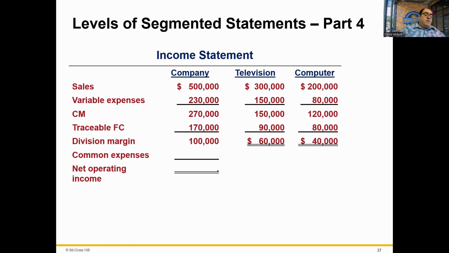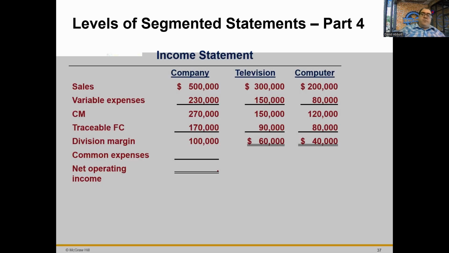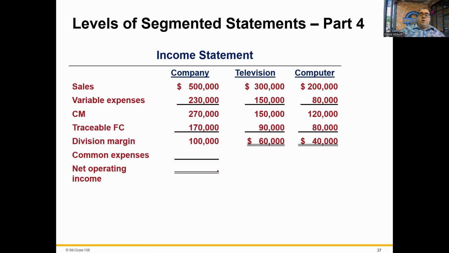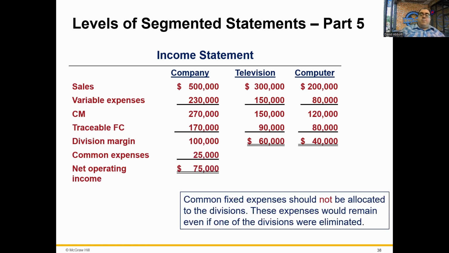The common cost for the company as a whole of 25,000 is not allocated to the divisions. So we have 25,000 of it we're not able to divide to any particular division. Those are things that would be common to both divisions.